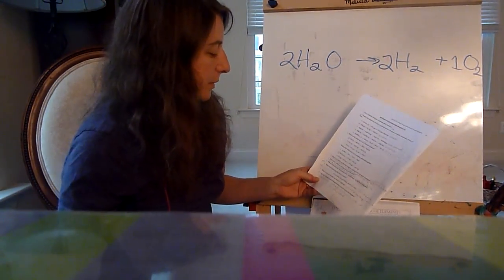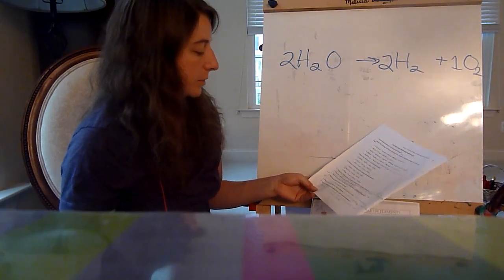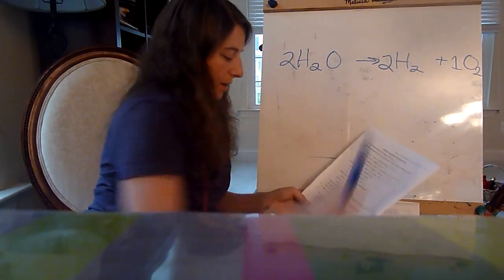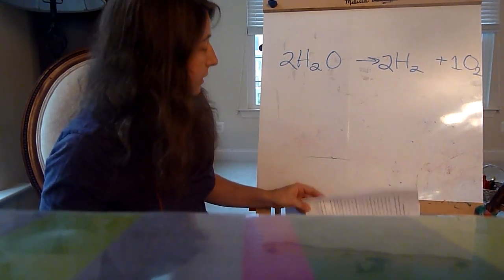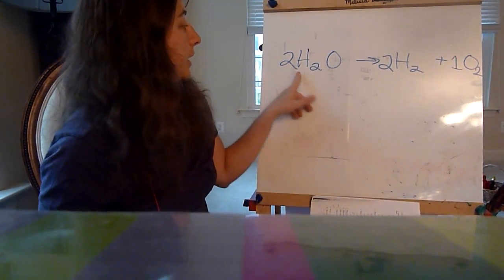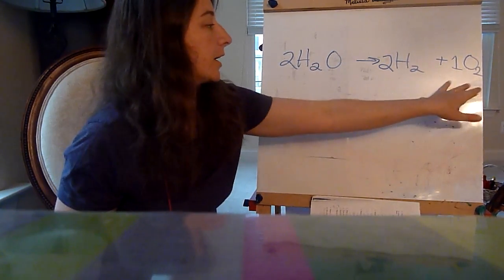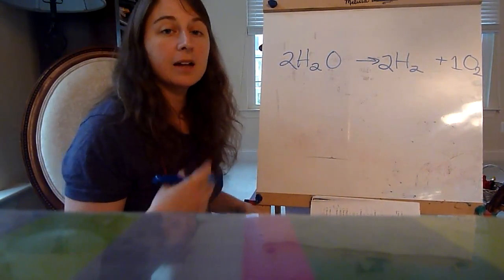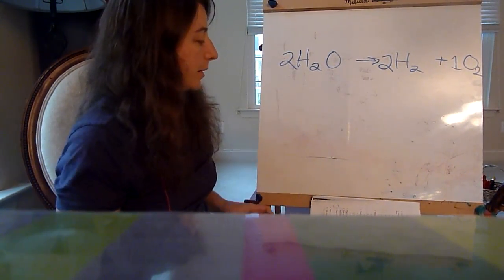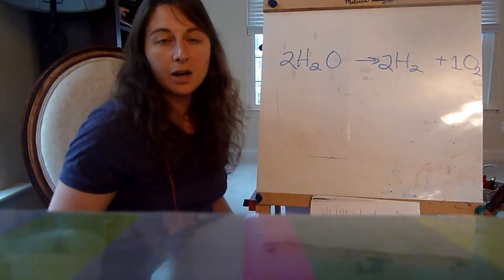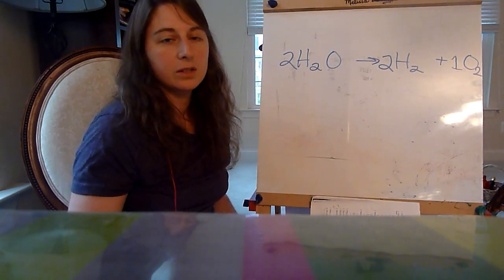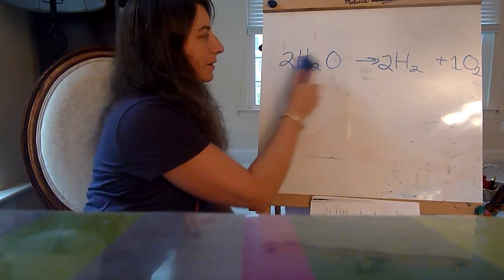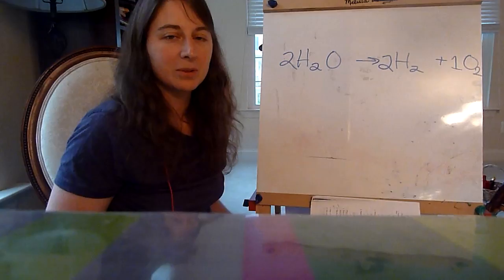So why does it have to be balanced before it can be used in stoichiometry? Well, the stoichiometric coefficients there that you put to balance the equation tell how many moles or atoms of each substance will react to form exactly a balanced amount of products. And then in the practice problems in a minute, we'll show you how to use these to actually do work in the lab with maybe less than even amounts of certain chemicals.